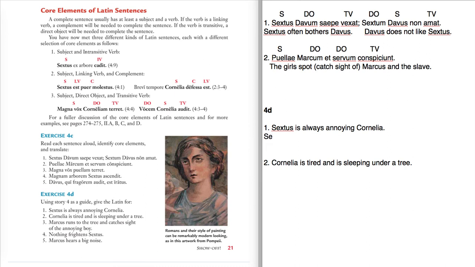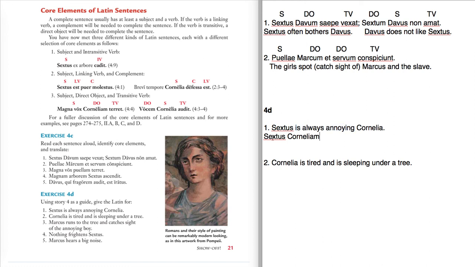So we're going to have a subject, Sextus, he's doing the annoying, and then we'll throw the adverb in, saepe. No, actually, I think we'll have the direct object first here. So Cornelia is the one receiving the action of this verb is annoying.